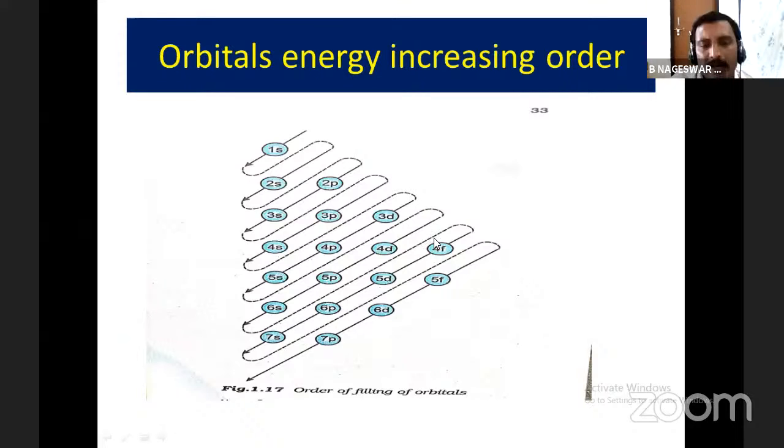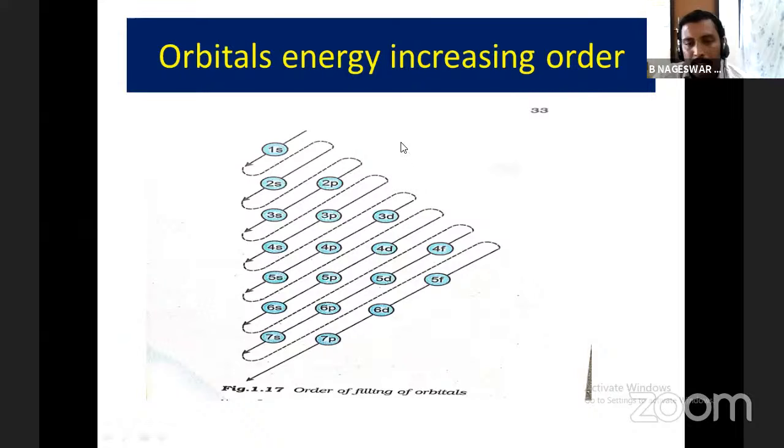It is known as the Aufbau diagram. It gives the order of filling of orbitals, which order we have to follow to fill the electrons.